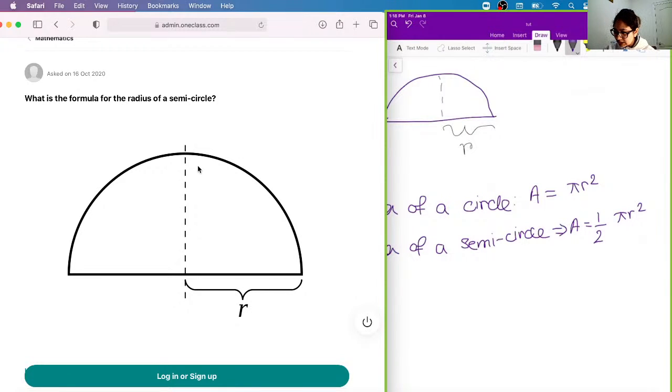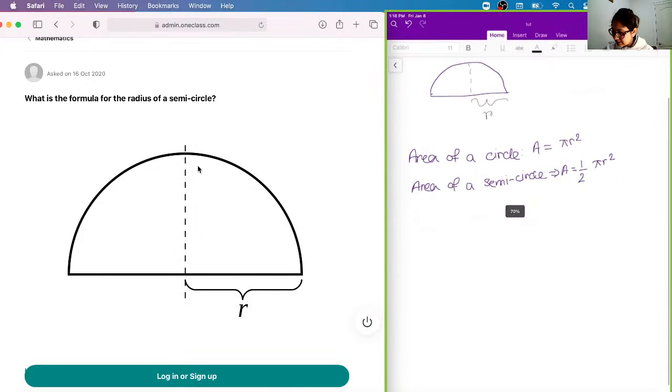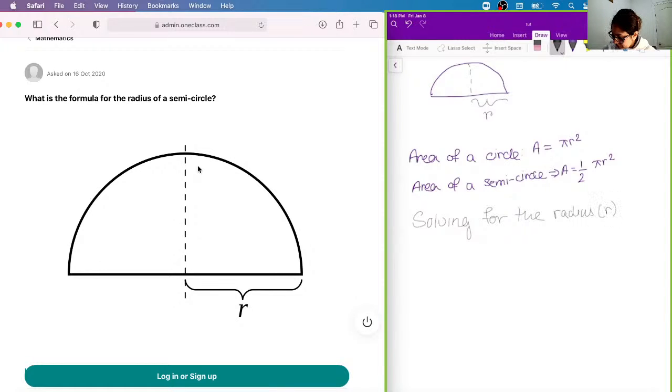From this, we can solve for the radius and come up with an equation that represents radius in terms of area. So solving for the radius, which is r, let's have our equation here, which is A equals half pi r squared.